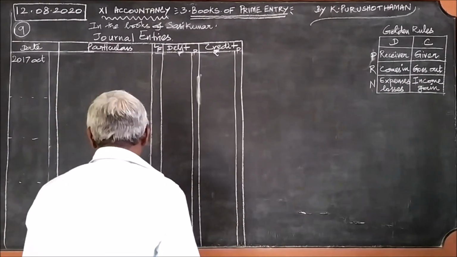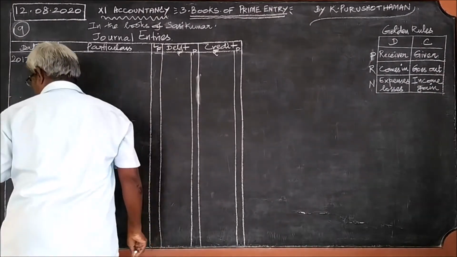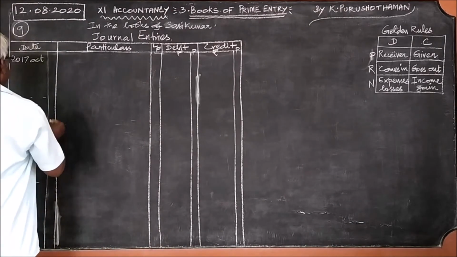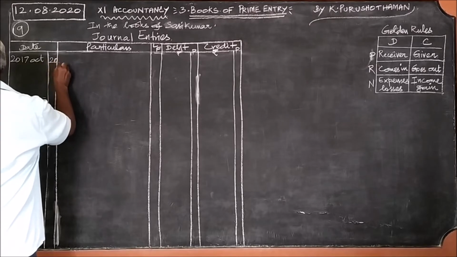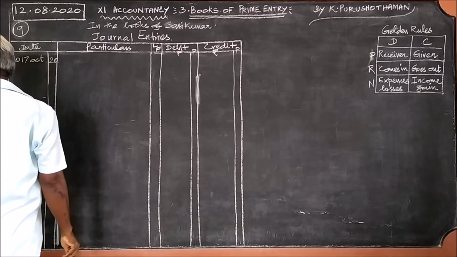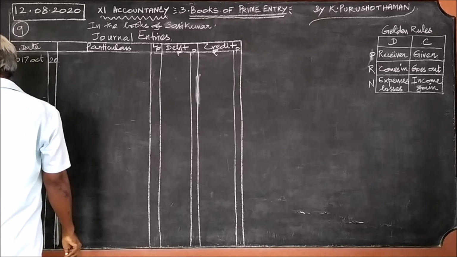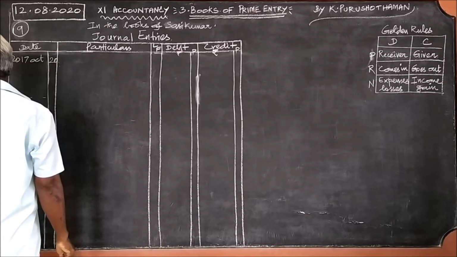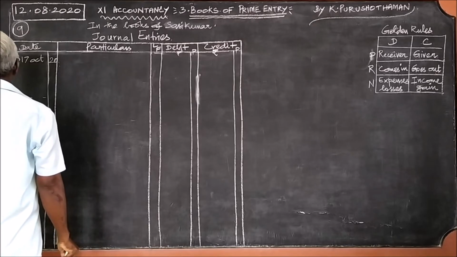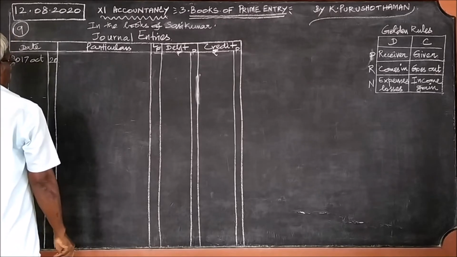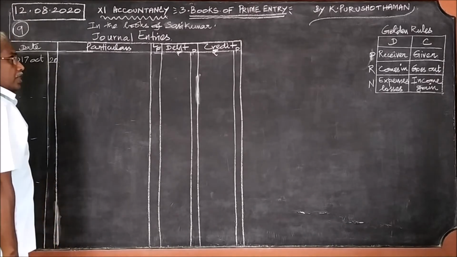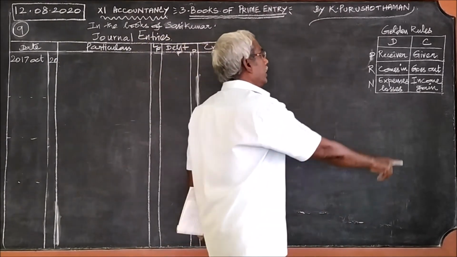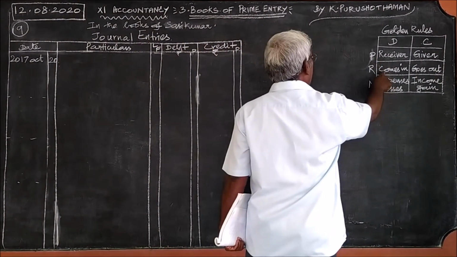Perfect. Transactions after 18th, 20th. Chandar returned goods worth 6,000, we have completed. Then received cash from Chandar in full settlement, that is 23,000. Received cash from Chandar. What is the rule here? What comes in? Cash comes in.